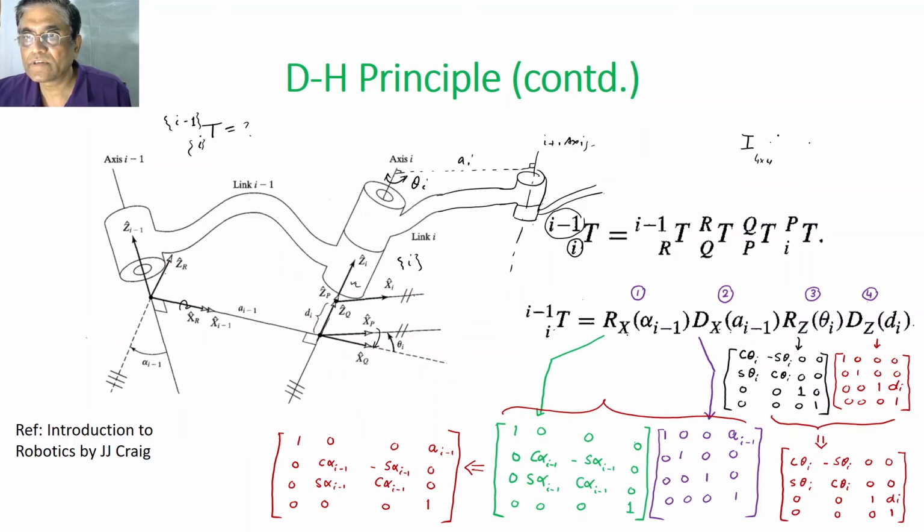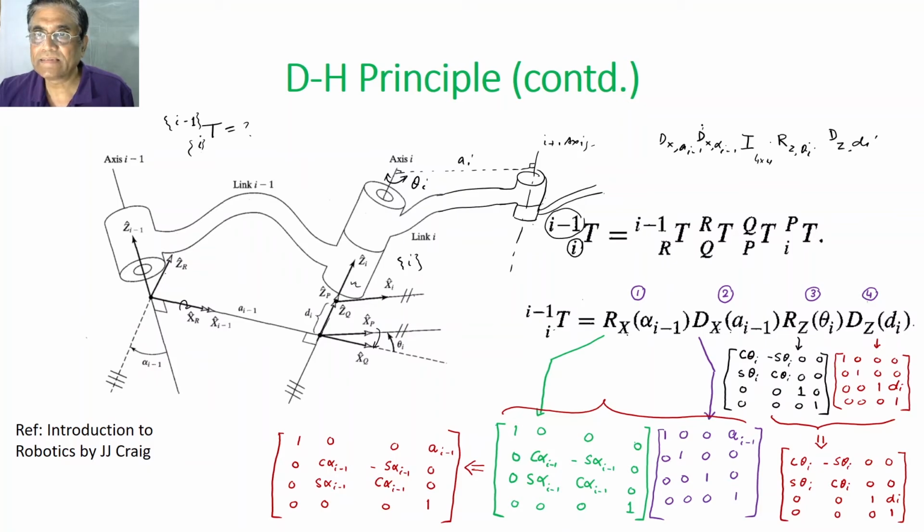So you give first rotation about z axis by an amount theta I. Okay, then followed by translation by an amount di, and then followed by dx alpha I minus 1, followed by dx ai minus 1. This is perfectly possible. If you do, you will get the same resultant matrix.